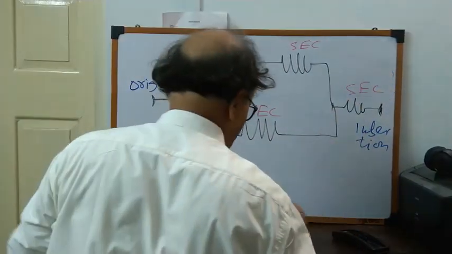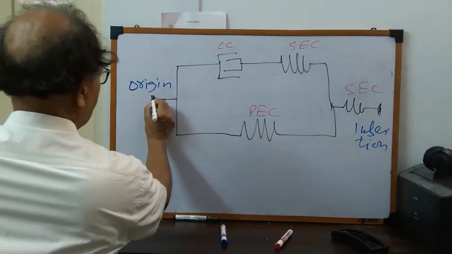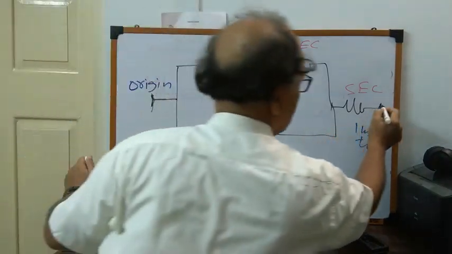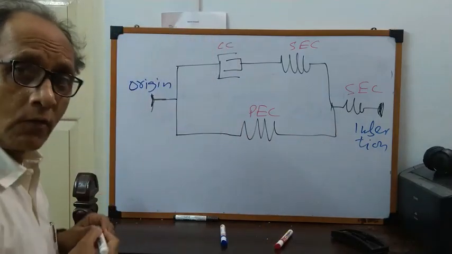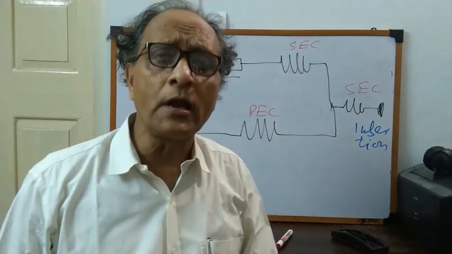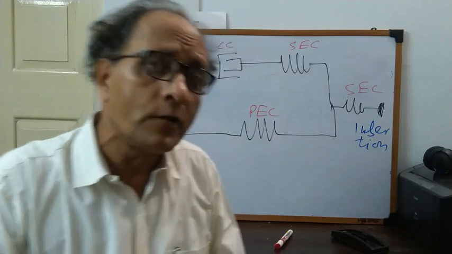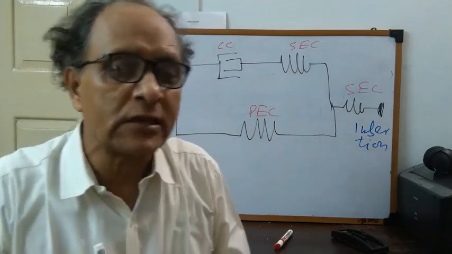So this is a muscle. This is the origin end of the muscle and this is the insertion end of the muscle. What is the origin end? The origin end of the muscle is that end which is relatively fixed.